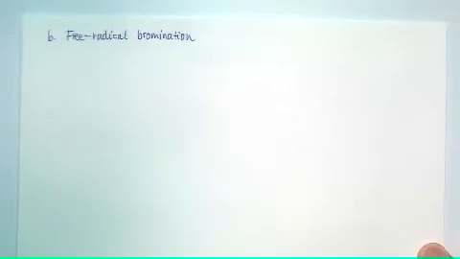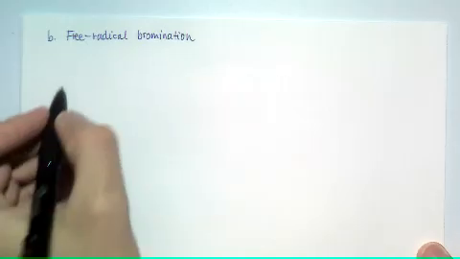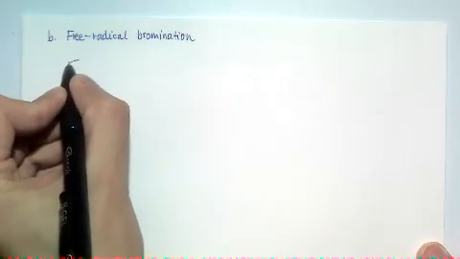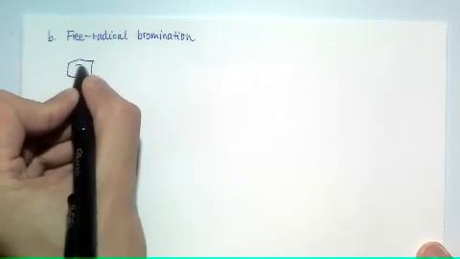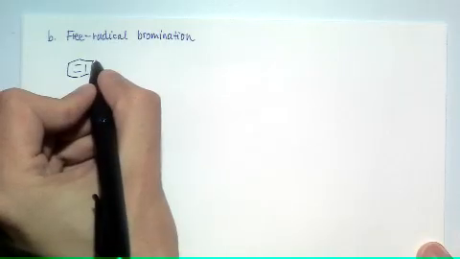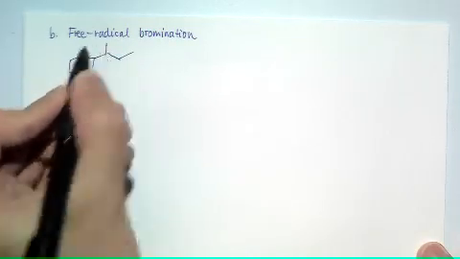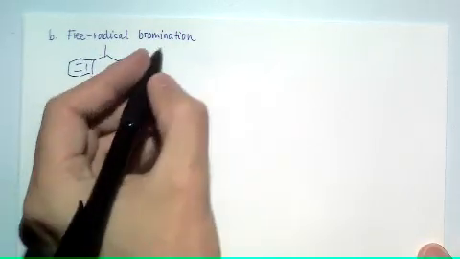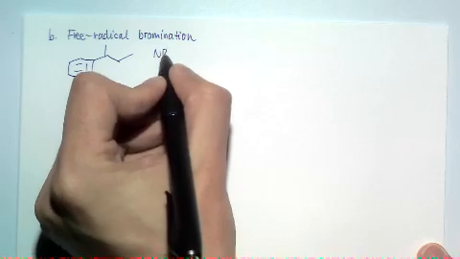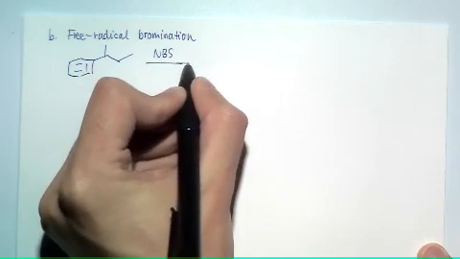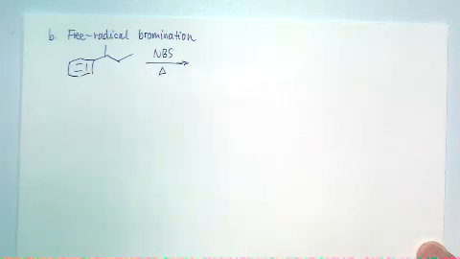Another reaction we can do is free radical bromination. This is pretty useful. So if we've got a compound like that, we can treat it with NBS. Do y'all remember what NBS is? N-bromosuccinimide.